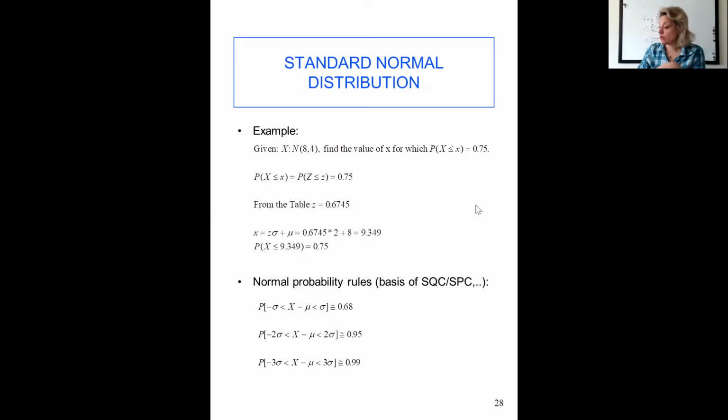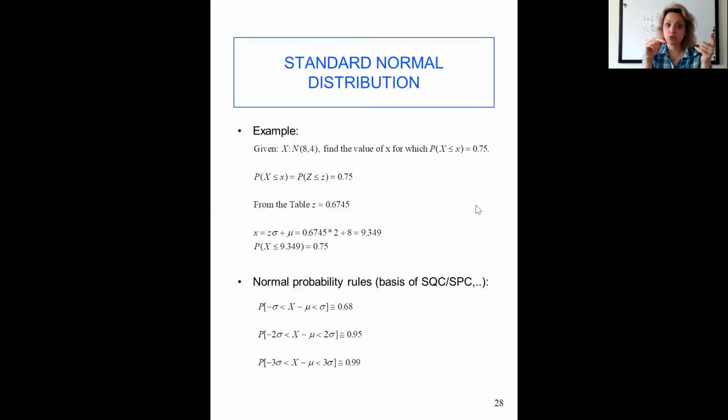In this case, when you want to work with the Z table, you will need to look at these data points. These are probabilities when you are working with the Z table. Try to find 0.75 and then find the related Z value for it and read it. Here the Z value is going to be 0.6745, and then put it in the equation Z equals x minus mu divided by sigma.